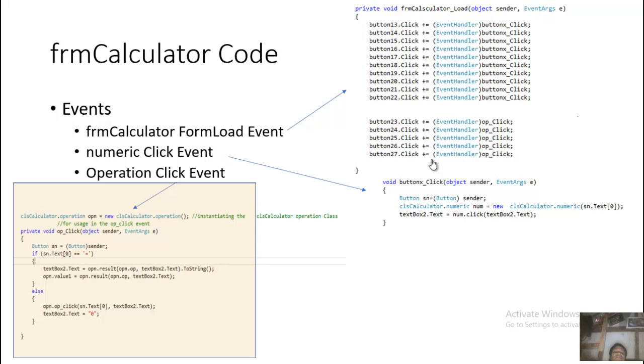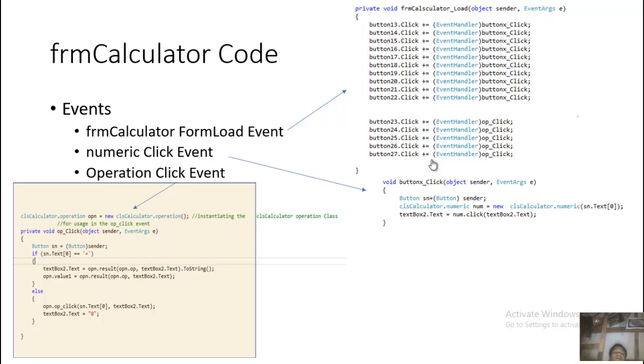If the first character of the sender object text is the equality sign, the display area is set to the operation result, and the first value is also set to the operation result.